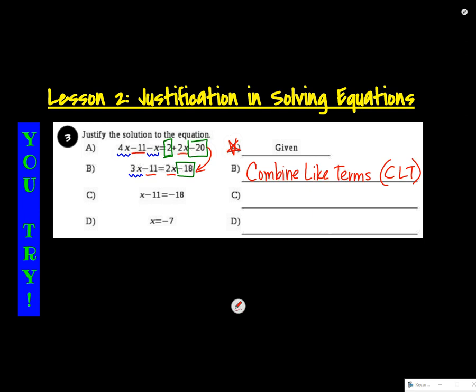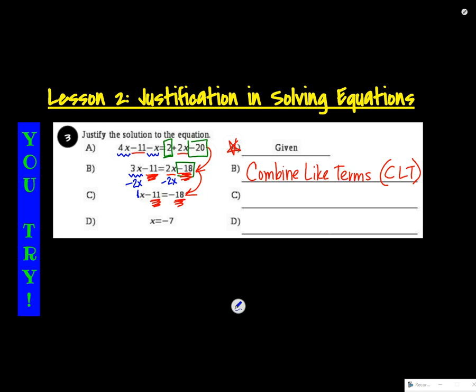All right, let's look from B to C. Something happened. So I still see my negative 18 here, and I still see my negative 11 here. So what's changed is this x, and so how am I going to move a 2x, because I went on the left, so I'm going to subtract 2x on both sides. 3x minus 2x is, there's a 1 there, 1x or just x.